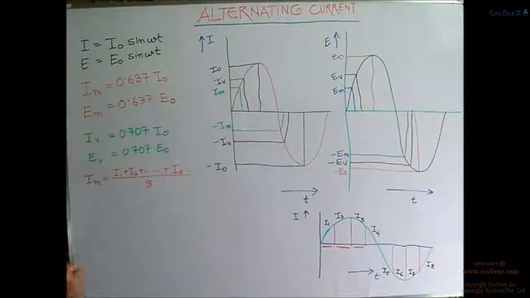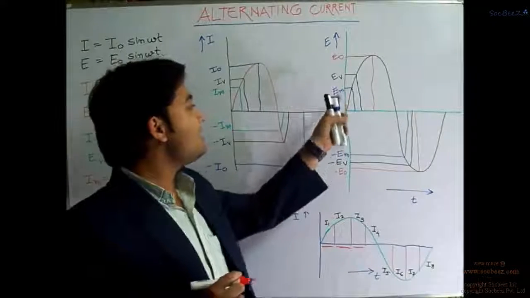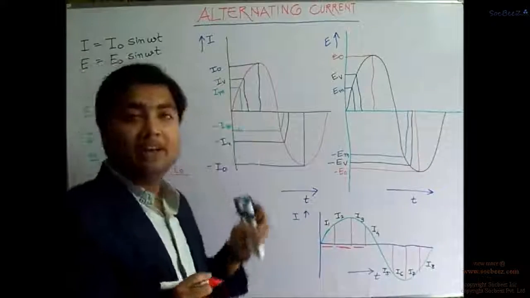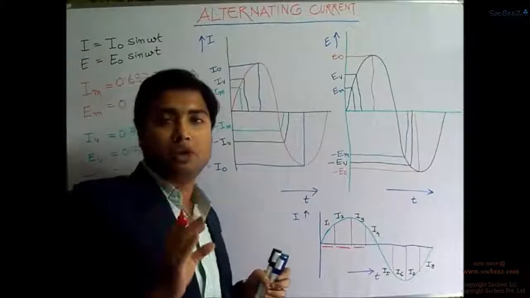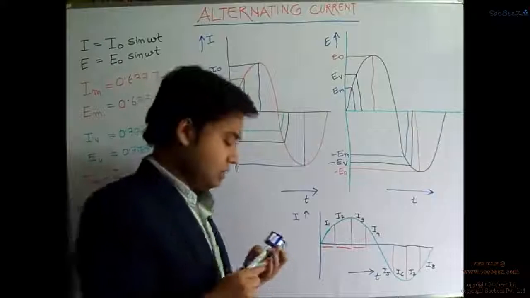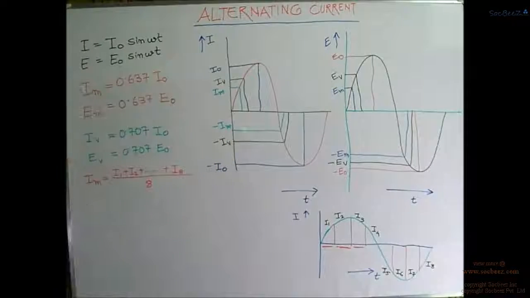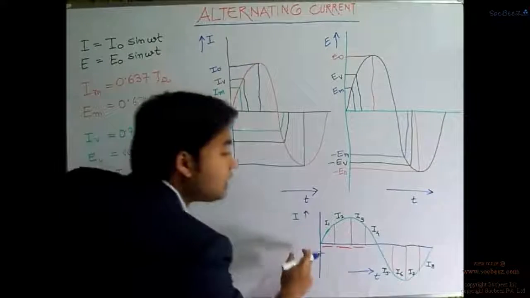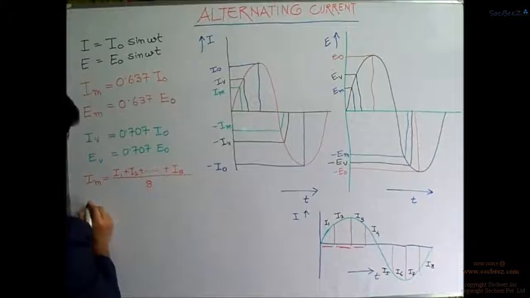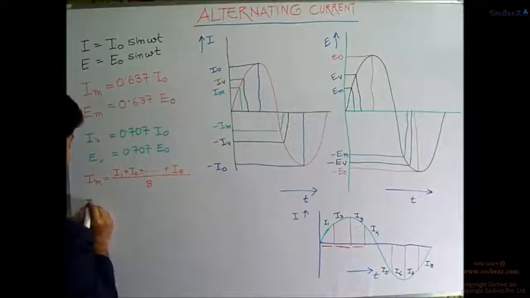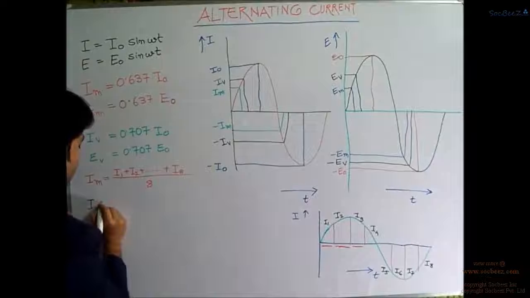And what does this EV or IV, this effective value or the virtual value, actually represent? Let us see. If we take this case, we are going to find out the IV.